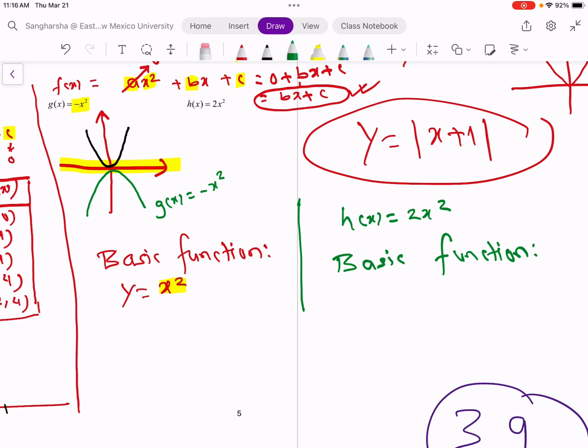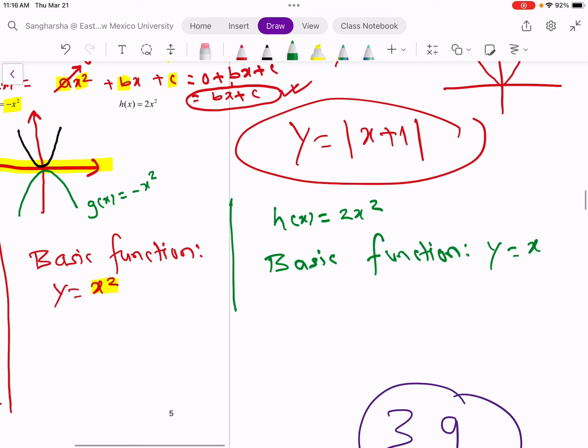Now how do we get 2x square from x square? What do we have to do? Multiply by 2. And what happens to the graph when we multiply a function by a number which is greater than 1? It is stretched vertically away from the x-axis.